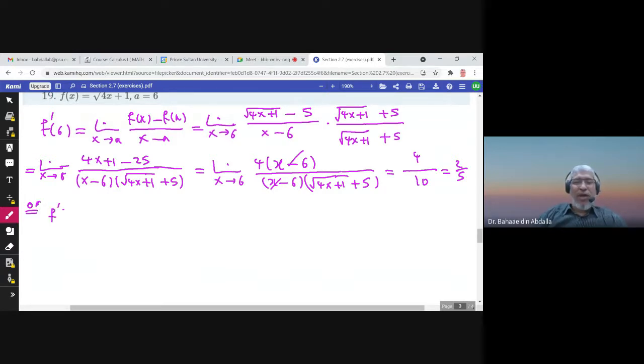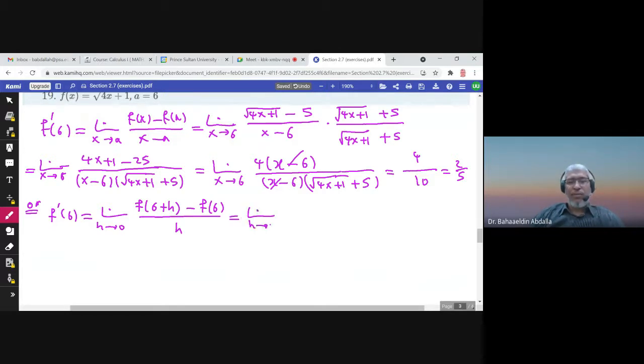So f prime of 6, using the other definition, is the limit as h approaches 0 of f of a plus h, which is 6 plus h, minus f of a, which is 6, over h.